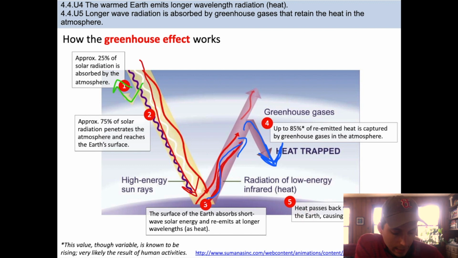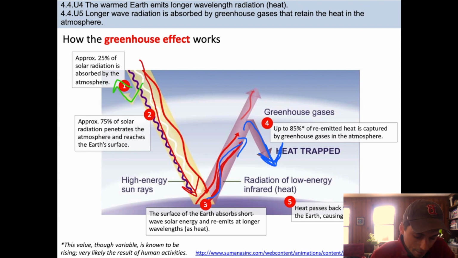Now, basically, if this didn't happen at all, the heat energy that came in would make its way out, and we would basically retain no heat. So this allows the Earth to be relatively warm, which is a good thing for us. We want the Earth to be relatively warm, and the greenhouse effect is a perfectly natural process that happens.